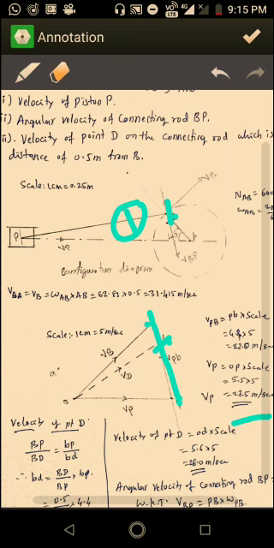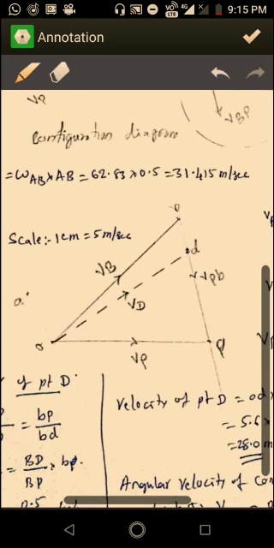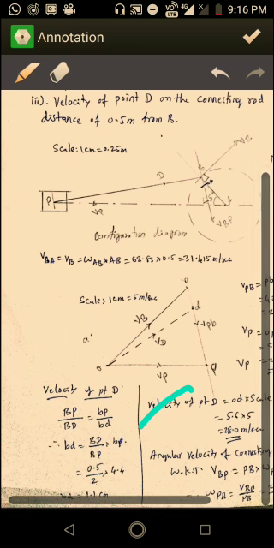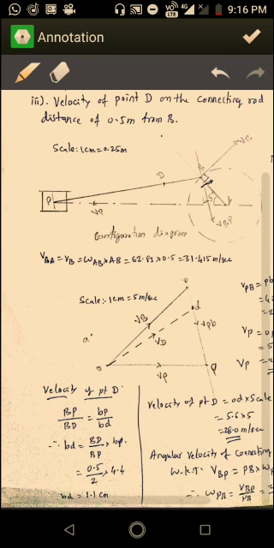We have to find out the distance of BD. For that, take this relation: BP divided by BD will be equal to PB or BP divided by BD.